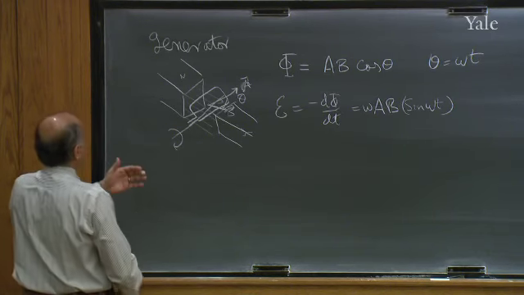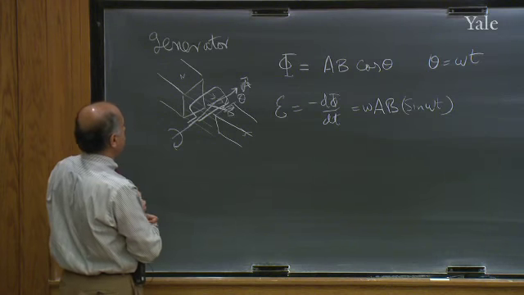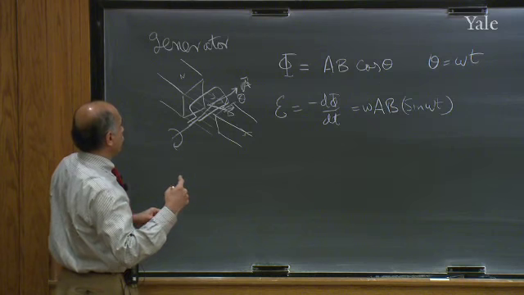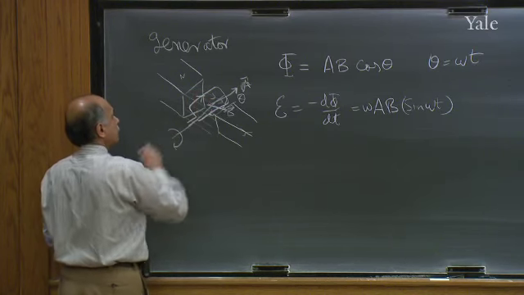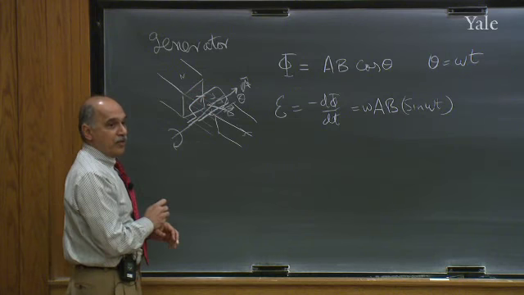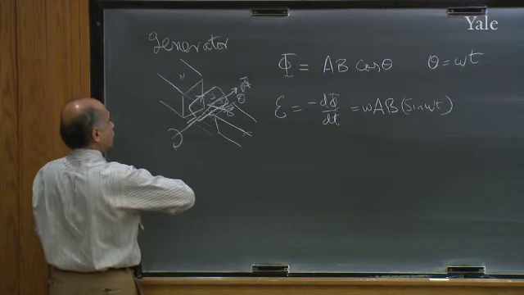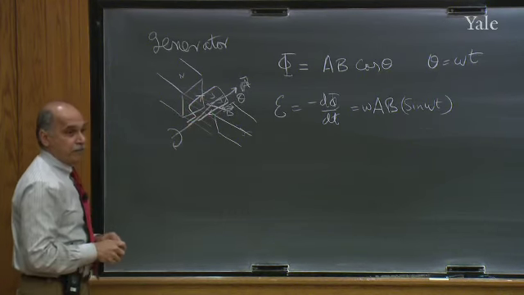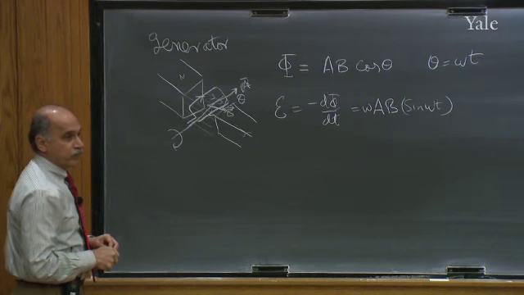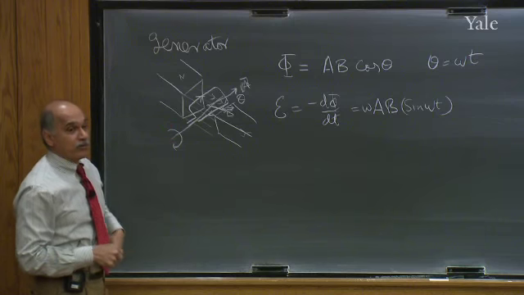Increasing. Increasing in this direction. So it will fight it by trying to produce a flux going in the opposite direction. Therefore, it will try to produce a current that looks like this. That's the direction of your EMF. Given a chance, it will drive a current as shown here, because that one, by the right-hand rule, will have the flux going the opposite way. So that's why I don't care about the minus sign. I know which way the current will flow if I let it flow.